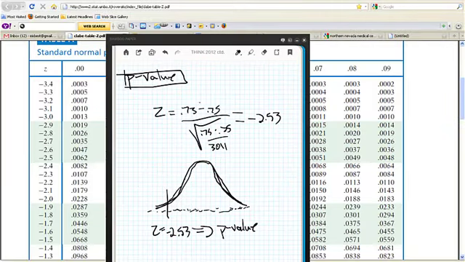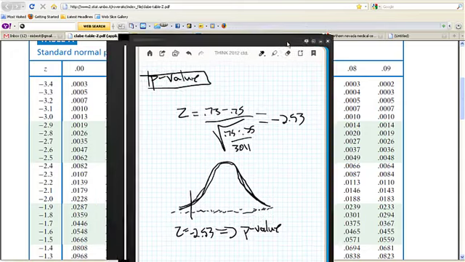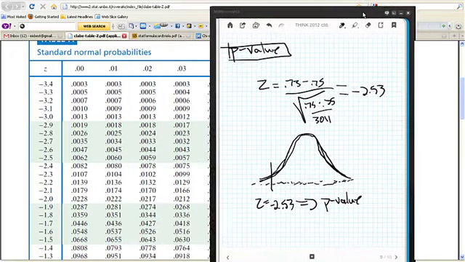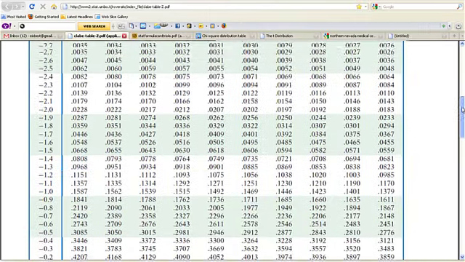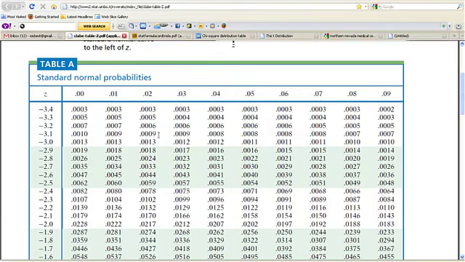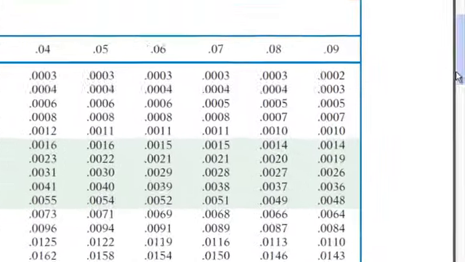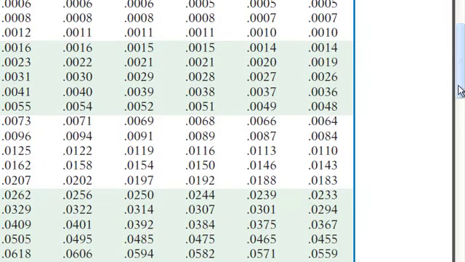I'm going to go over to my curve. We're on the standard normal. We're going to figure out negative 2.5 and negative 2.53: 0.0057. Remember, it gives us all the values to the left.